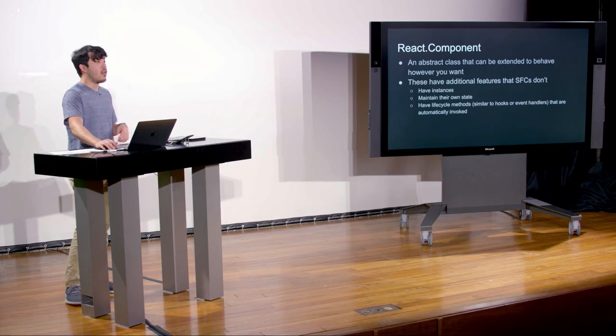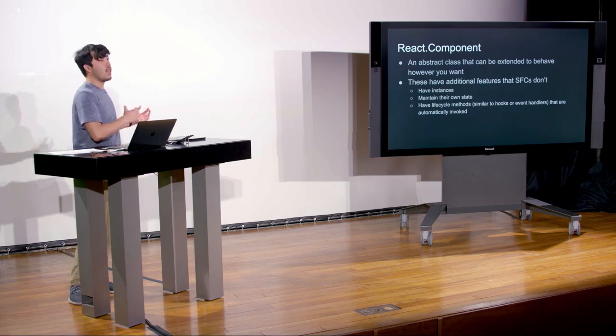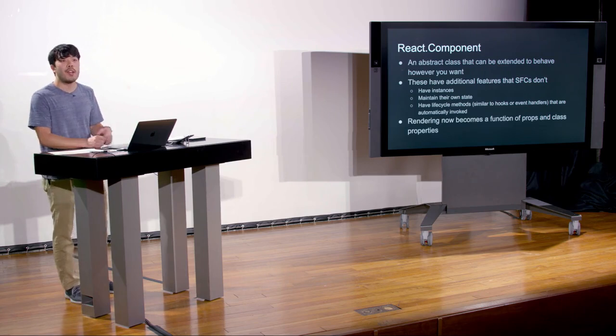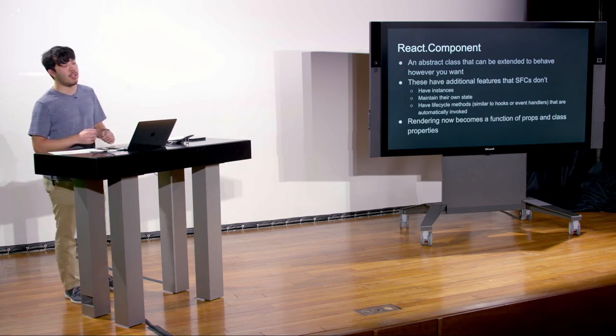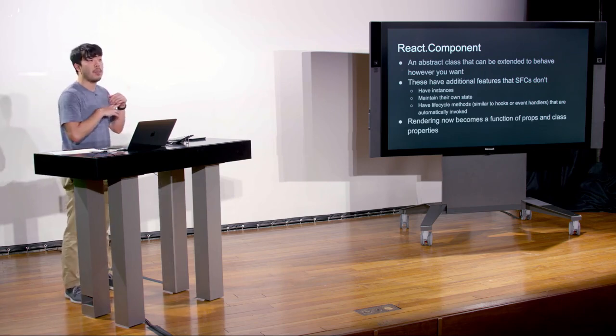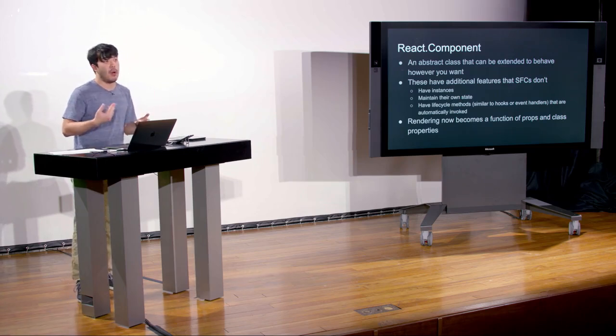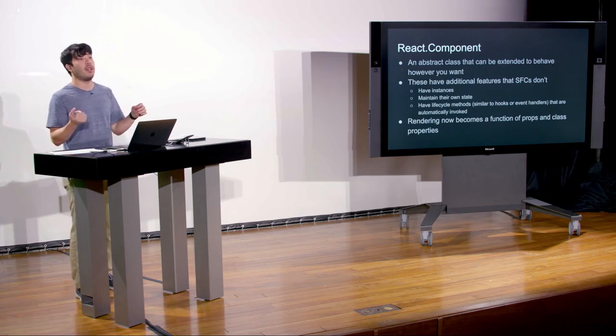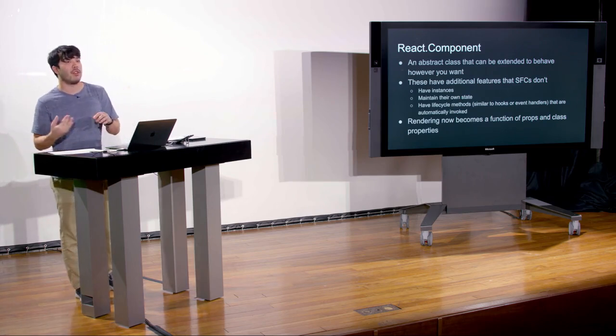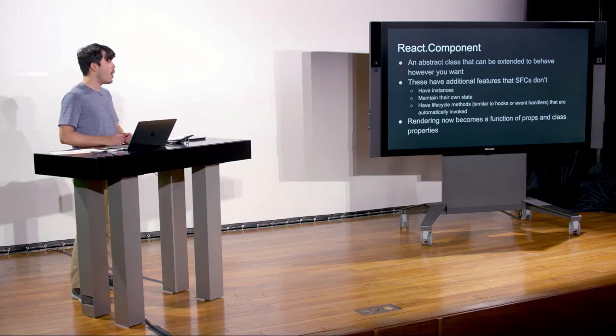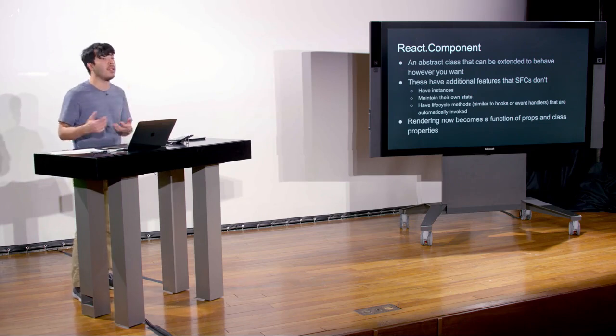And so unlike stateless functional components, which just take props and return a node, a React component's render function actually becomes a function of the props and also any class properties that exist. If you remember back to last lecture, we talked about classes and how when you create a class instance, you might attach to it some properties. These properties can be values anywhere from functions to primitives, objects. And so when you create a class component instance, you can actually use all of those class properties in the render method.